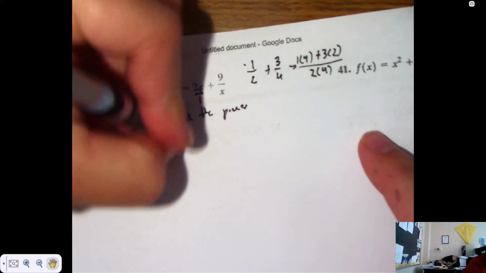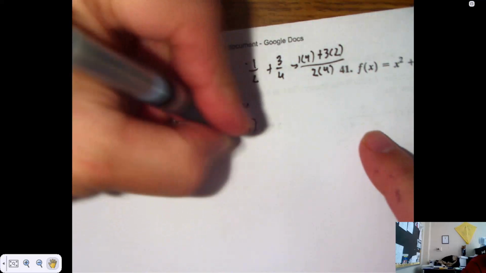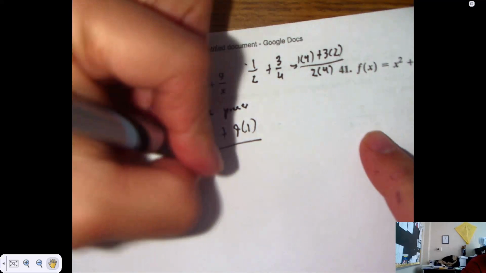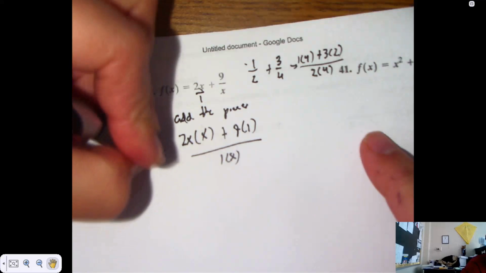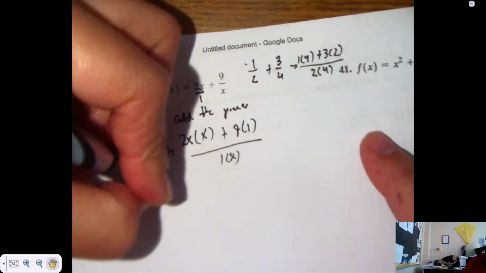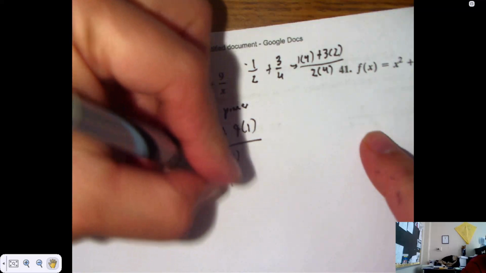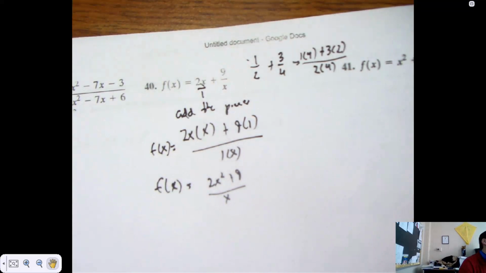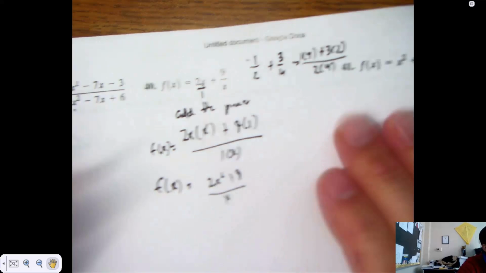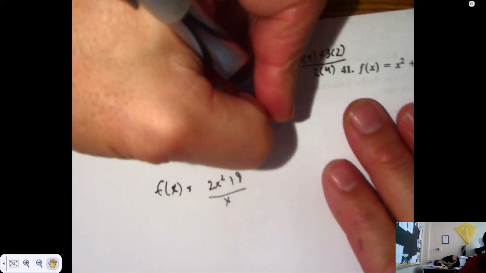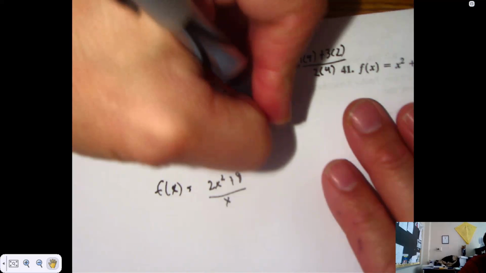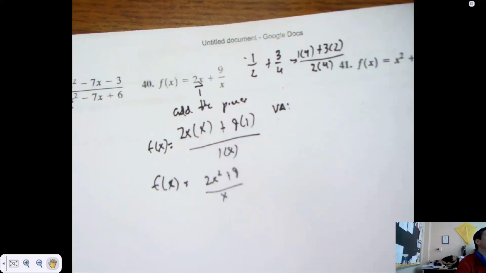So I'm going to give this x, this 2x, the x. I'm going to give that 9, the understood 1. And the unified denominator is just 1 times x. So after I clean this up, I'd have twice x squared plus 9 sitting over x. Where's its vertical asymptote?